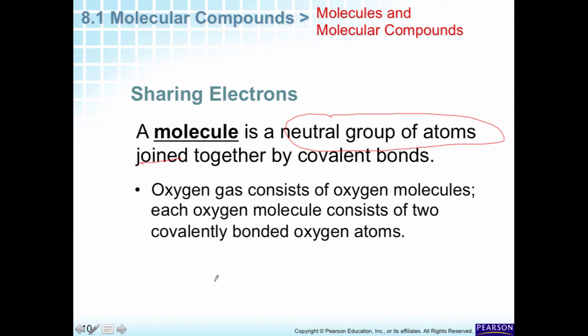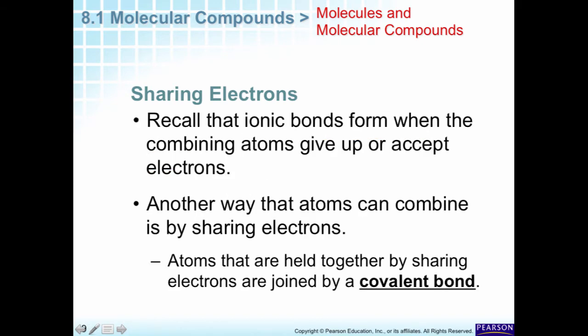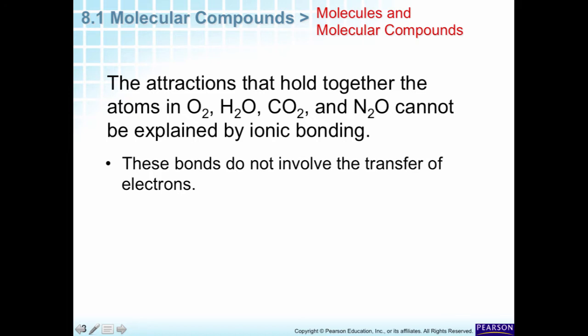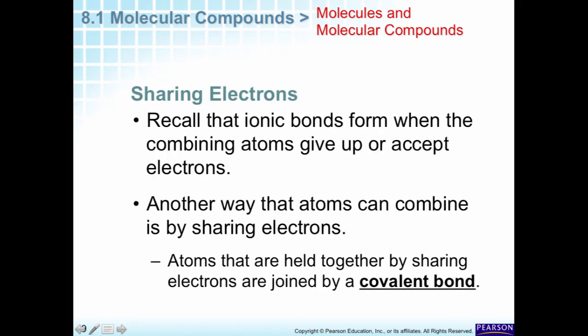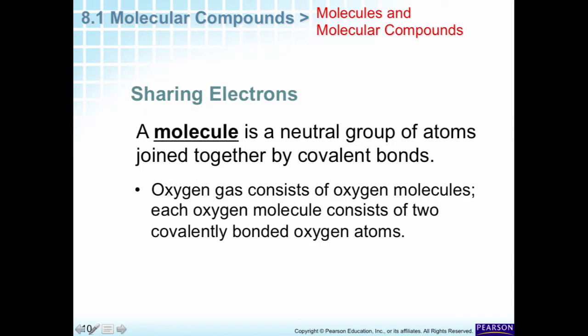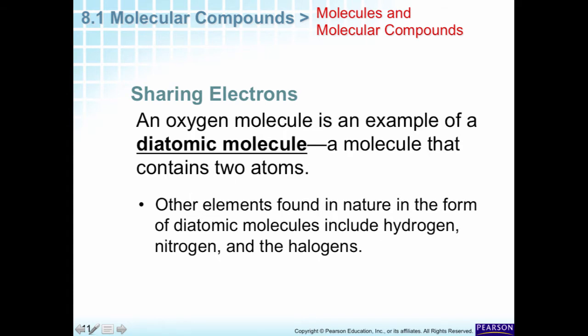Each oxygen molecule consists of oxygen bonded to another oxygen. We could just draw it this way, like that. But we'll also learn how to do Lewis structures for these too.